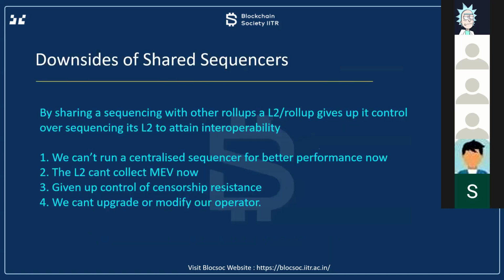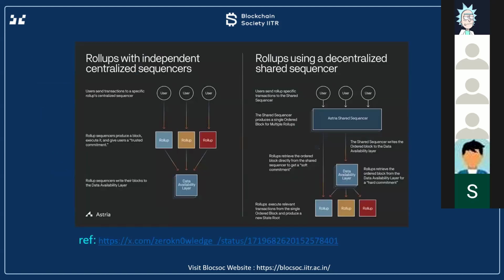So there are some downsides of shared sequencers. First of all, even with decentralized sequencers, there was a problem that there was no interoperability between the chains, and that is why shared sequencers were introduced.